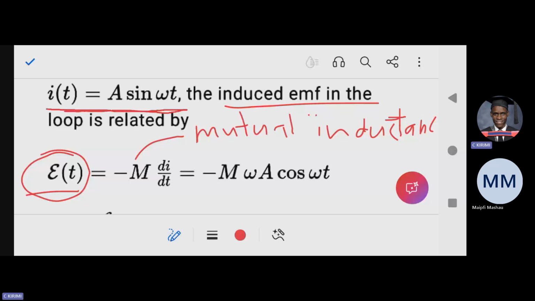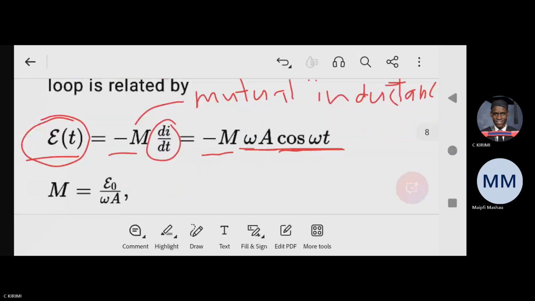So now we want to calculate. And remember here, the instruction was saying, calculate the mutual inductance in terms of the current amplitude A in the conductor and the induced EMF in the loop.